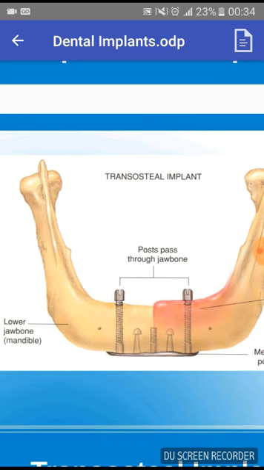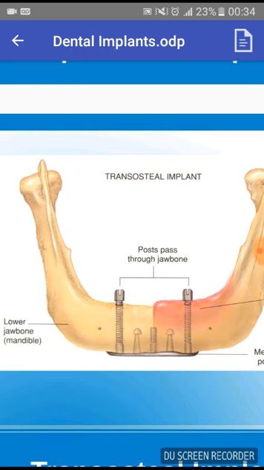So they must not be ridiculously different from the actual bone tissue, because what can happen is that you could have a focus of stress, which results in failure of the prosthesis.